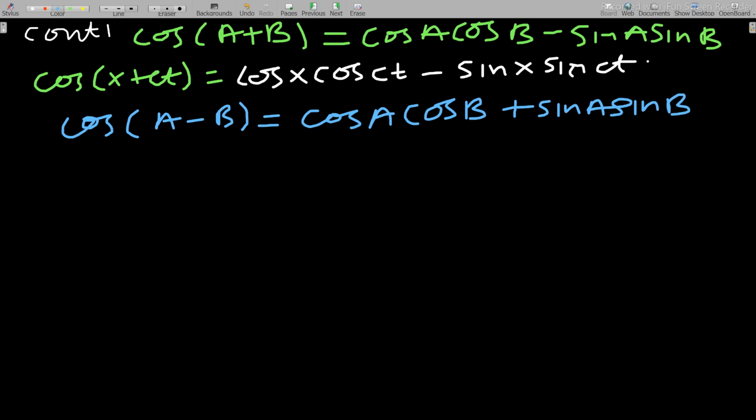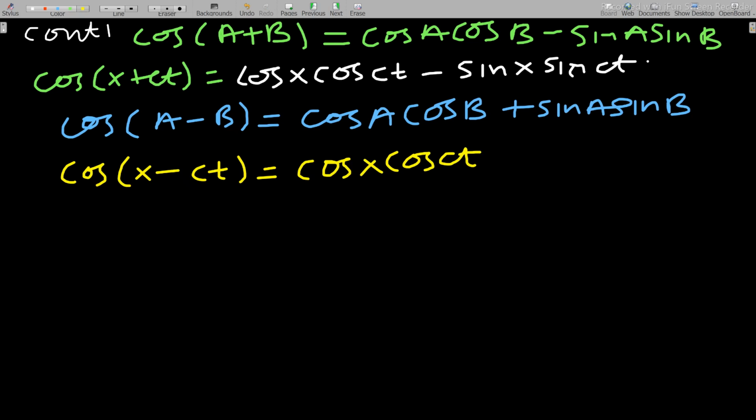Okay, this implies that we have cos of (x minus ct) to be equal to cos x cos ct plus sine x sine ct.